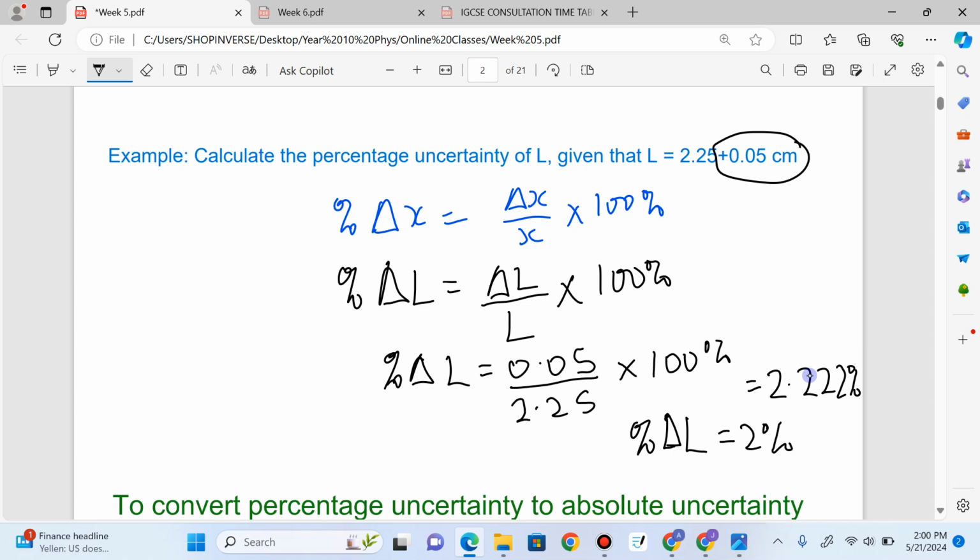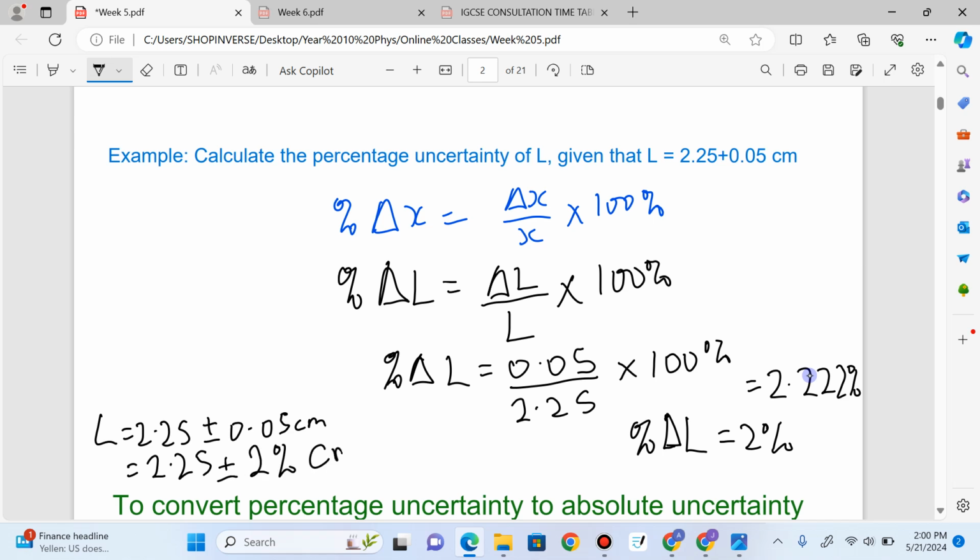That simply tells us that this value of L, written as 2.25 plus or minus 0.05 centimeters, can also be written as 2.25 plus or minus 2%, and everything in centimeters. So you can express the value of L as its actual value plus or minus the absolute uncertainty, and you can choose to express it as the actual value plus or minus the percentage uncertainty.